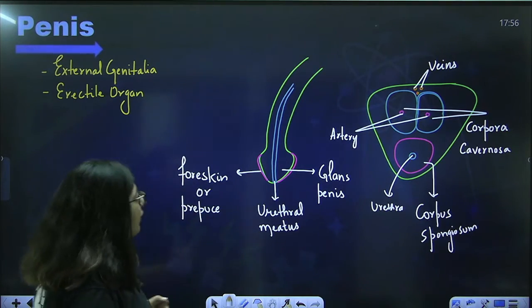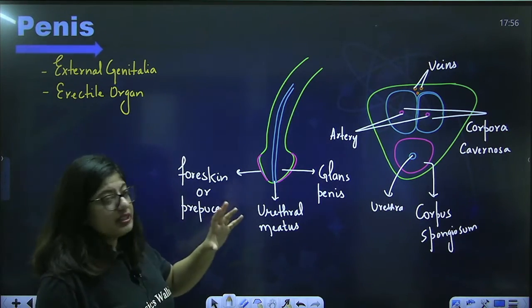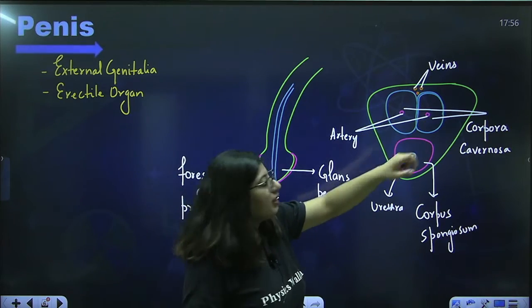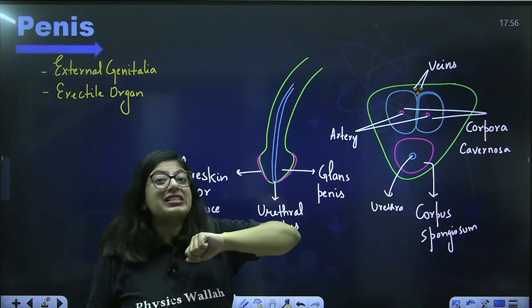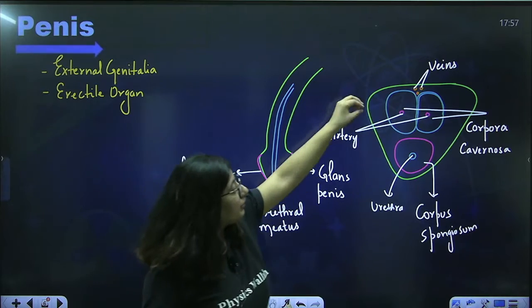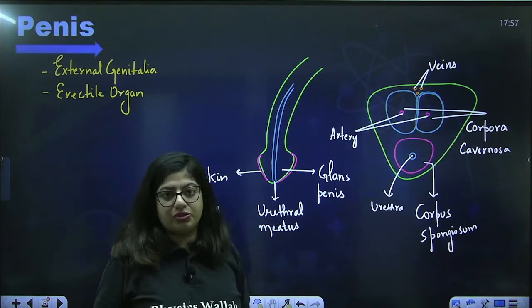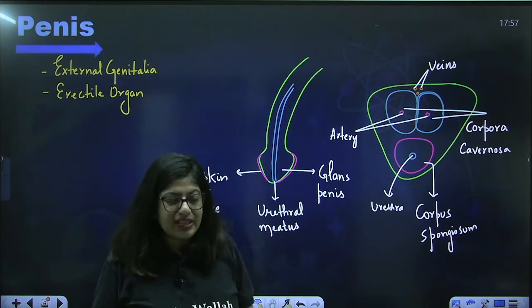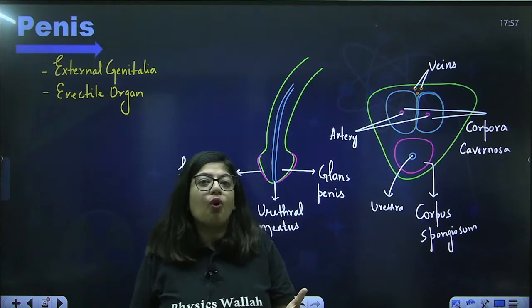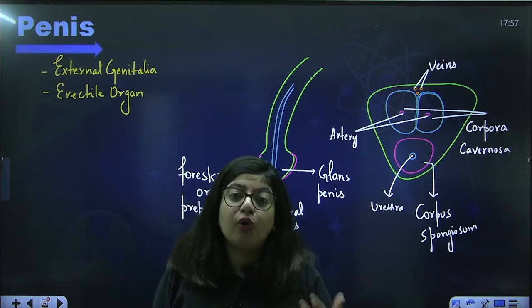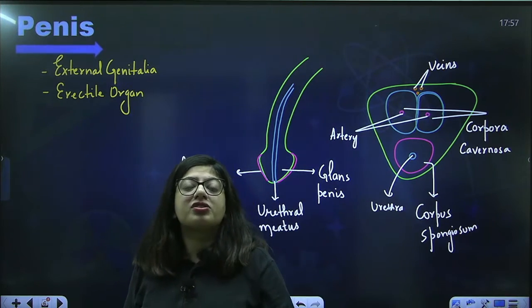Fine. So, when the blood pressure increases, the flow of blood increases in these arteries, and the blood gets into the adjoining tissues. By that flow of blood, the entire tissues receive a lot of blood.